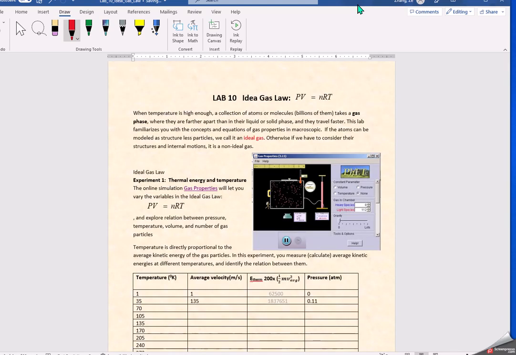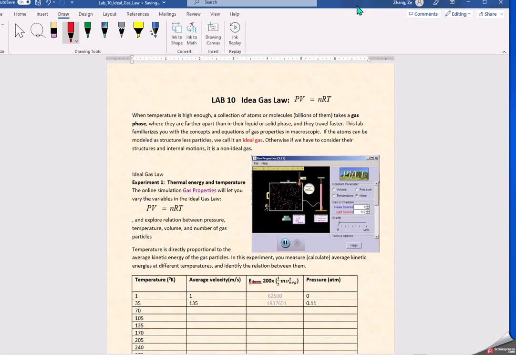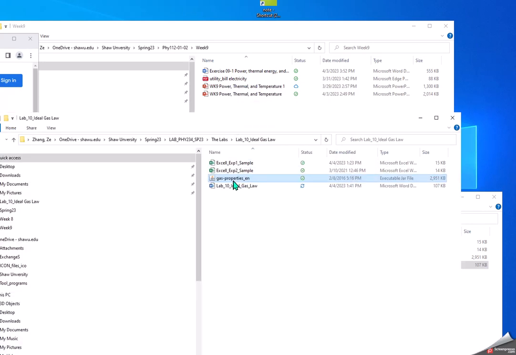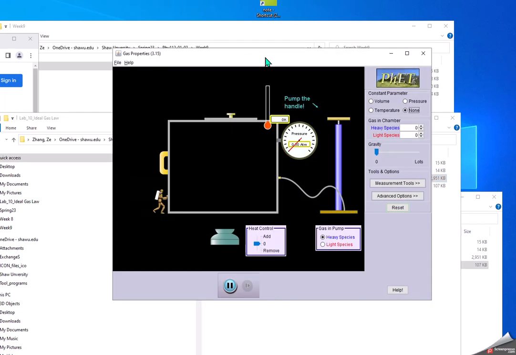With that explanation, we're going to do what we actually do in this lab. In the first experiment, I want you to explore how thermal energy, temperature and pressure depend on each other, which is basically a straight line. You will use this software, which has been updated. It used to be online, but I downloaded this one. You just double click it and it will start. Now I'm going to introduce 200 first.